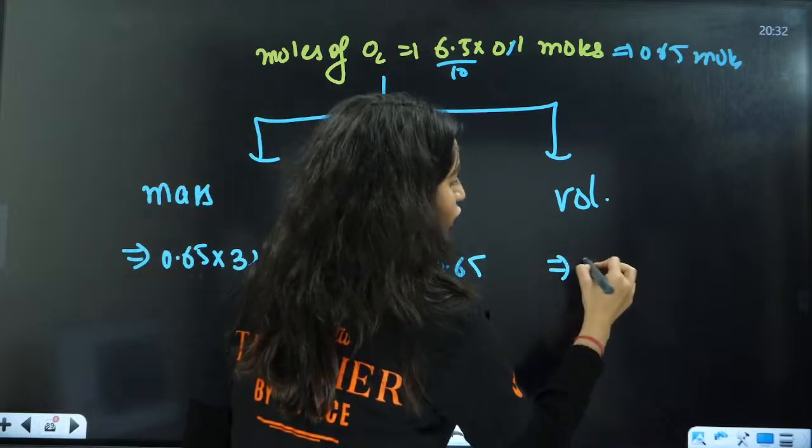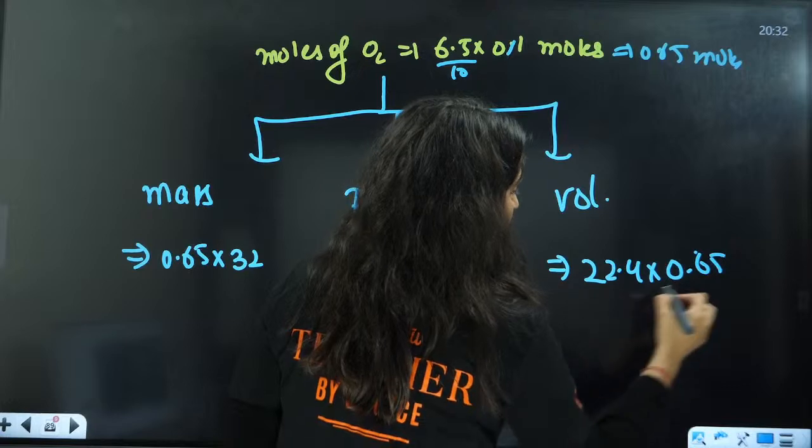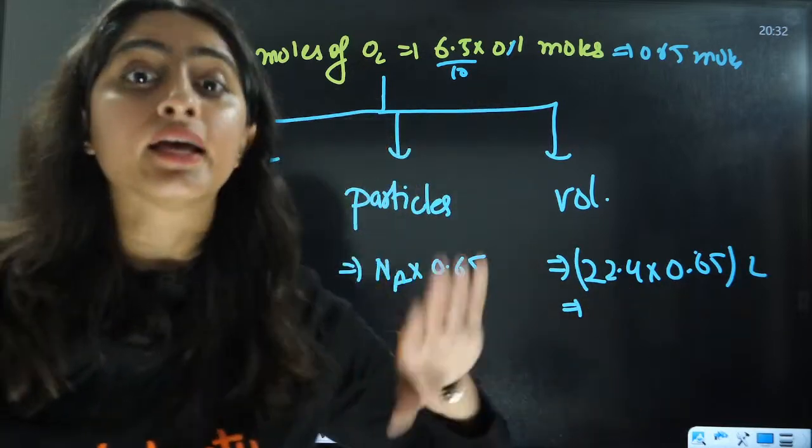For the volume, that will be 22.4 into 0.65 liters. So you can calculate anything, okay?